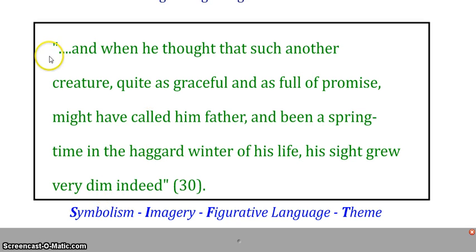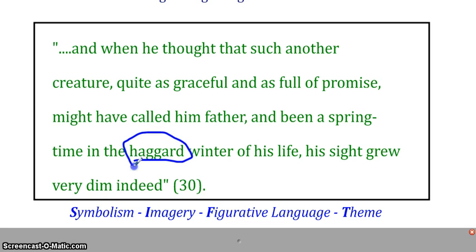And as I look at this quote, I'll read it for you guys. "And when he thought that such another creature, quite as graceful and as full of promise, might have called him father, and been a springtime in the haggard winter of his life, his sight grew very dim indeed." A couple of things grab my attention here. One is this word haggard.